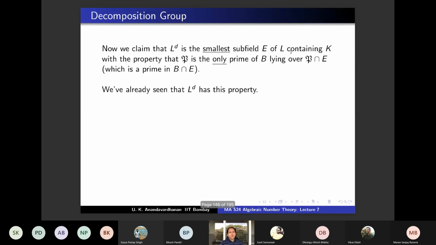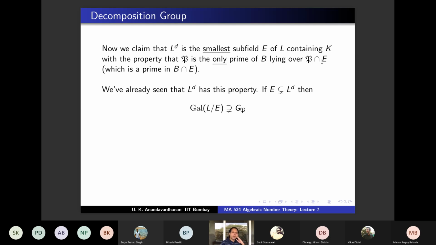Okay. So we have already seen that LD has this property. Now, suppose E is strictly contained in LD; we want to say LD is the smallest. If E is smaller than LD, containing K, which is understood, then the Galois group of L over E strictly contains the Galois group of L over LD, which is GP.